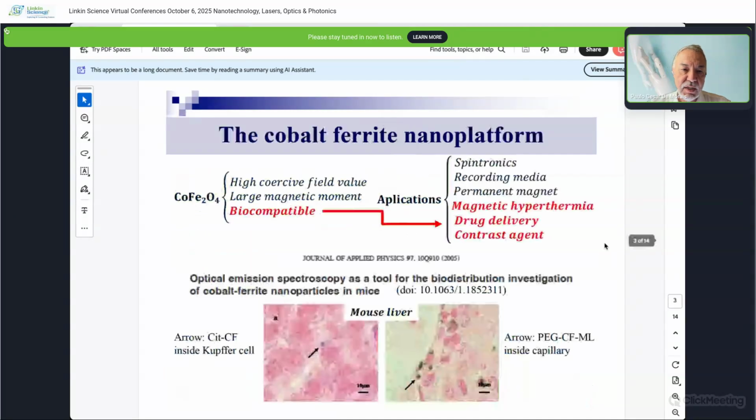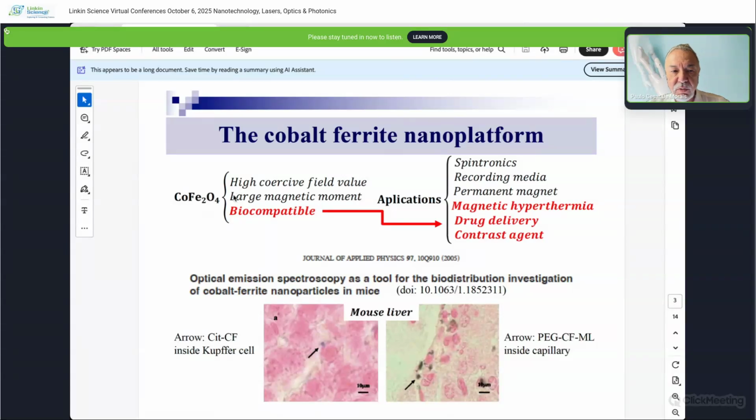Okay, so let me briefly introduce you to cobalt ferrite nanoplatform. So cobalt ferrite has a standard chemical formula like this on the left-hand side. And this material is well known by its high coercive field value.